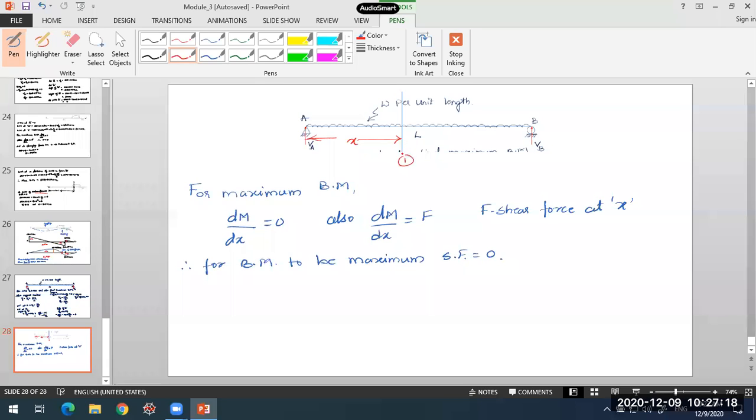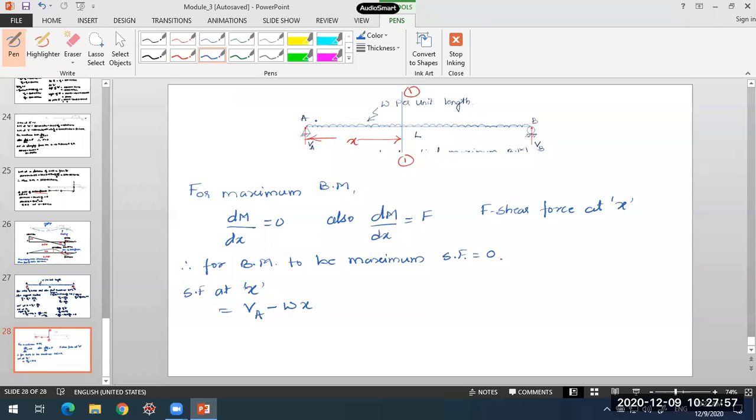I'll take this section 1-1 and place it here at some distance x. Now I'll write the value of shear force at this distance x. The shear force at x, at any point x on the beam, will be equal to VA, the left side upward force, positive, minus the UDL, which will be W into x.